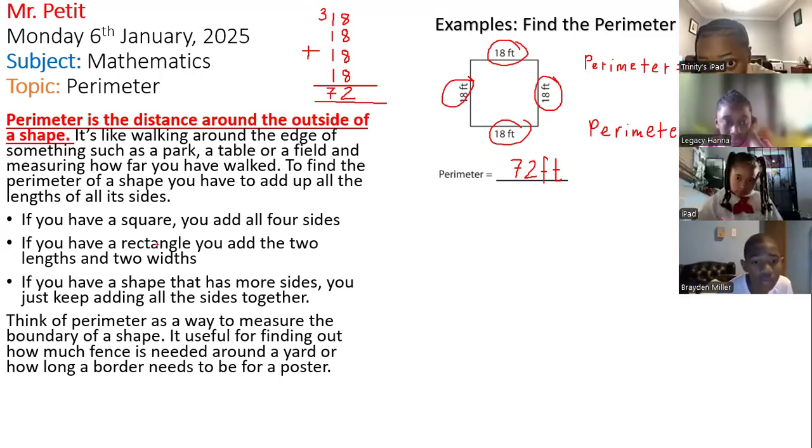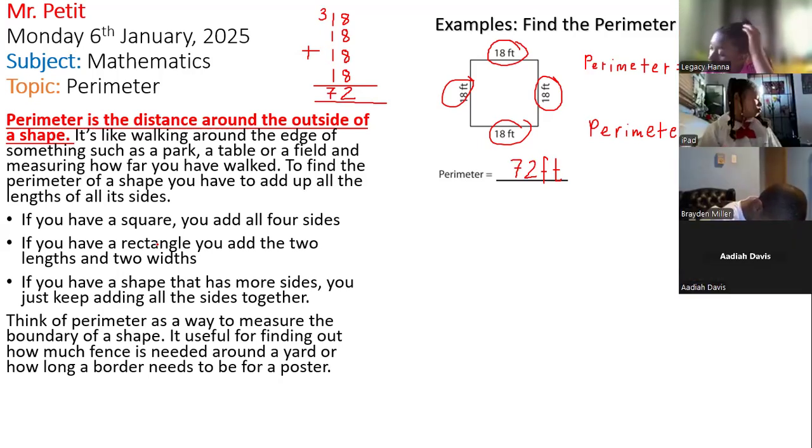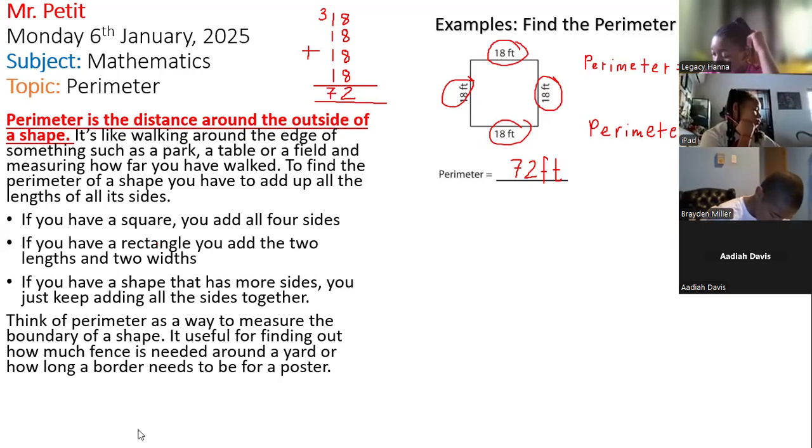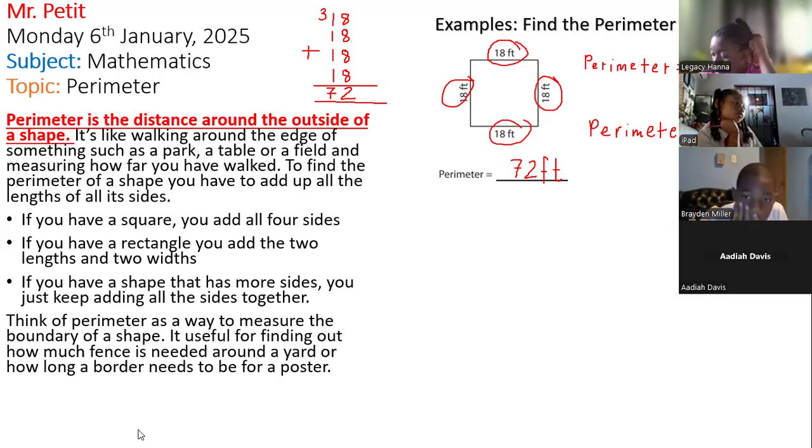Let's do another example. Adaya, you understand how I got this? Yes, sir. How did I get this? You keep adding 18 feet together.